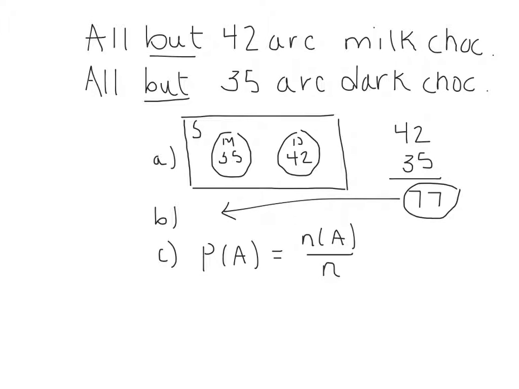We have to take the number of ways that event can occur, and in C we're finding the probability that it's milk chocolate. How many ways can we pick a milk chocolate candy? 35 ways. And then we know that n, little n, always represents the sample size.